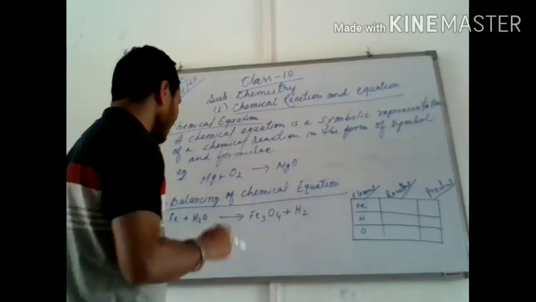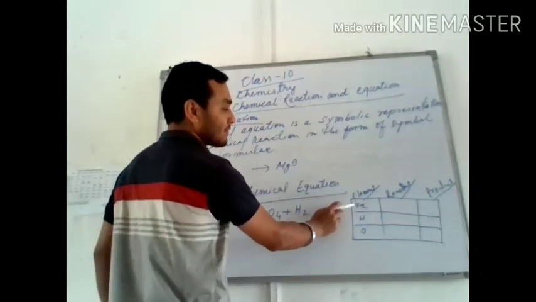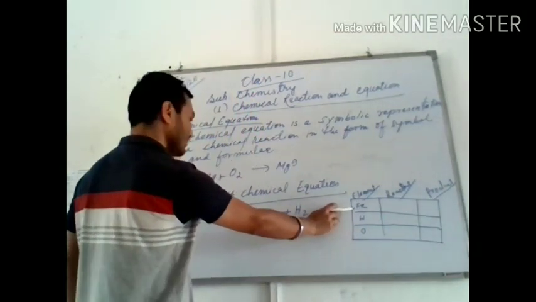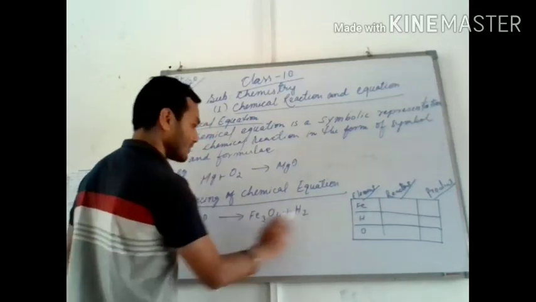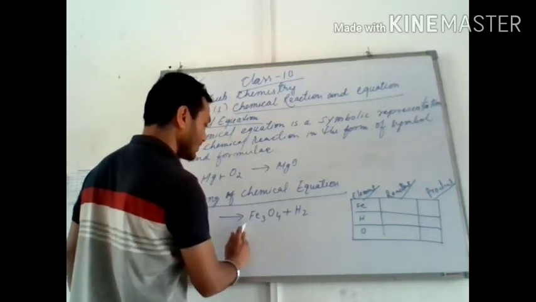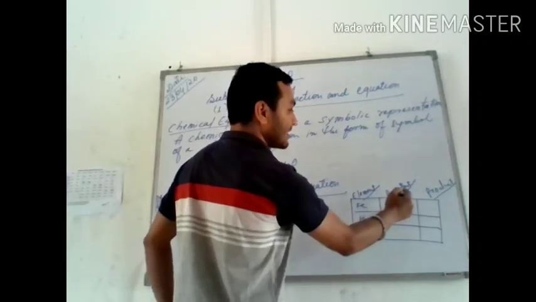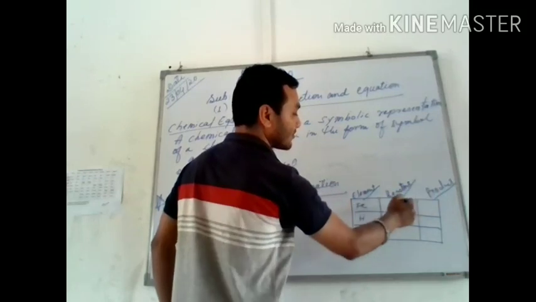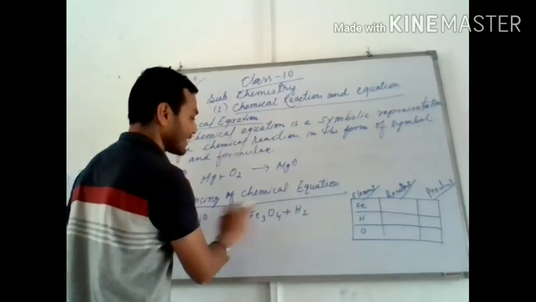For this purpose, we have to make a box in this way. First you write Fe, then H, hydrogen, then oxygen. Since on this side also there are three elements. Now, what is the reactant and what is the product? So these are the reactant and these are the product.